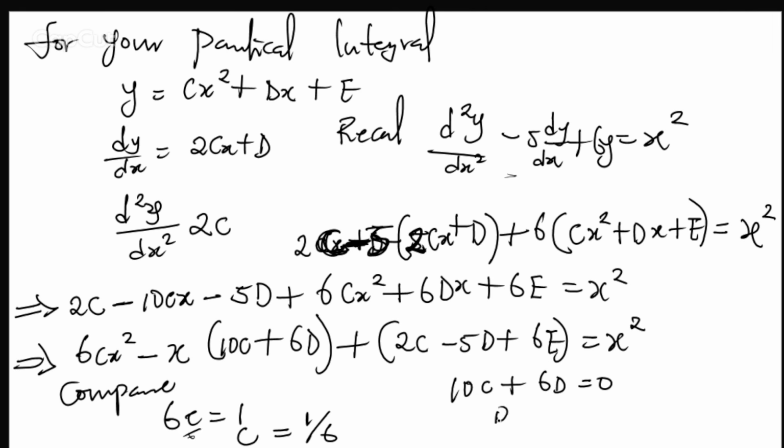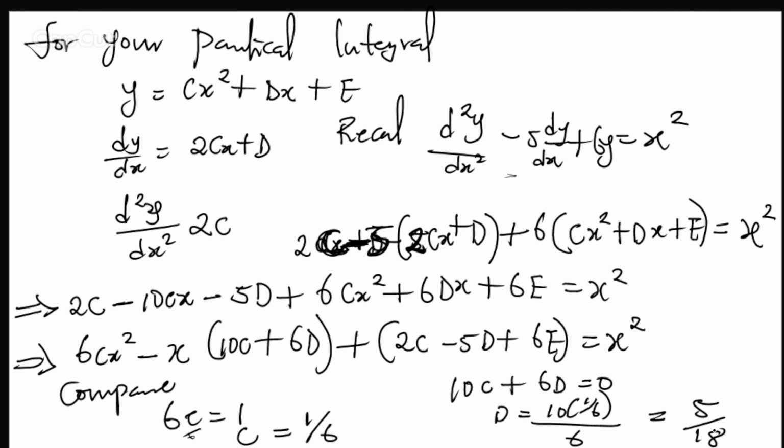So your d here will simply be, taking this to the other side of your equation, 10c, and c is 1 over 6, divided by 6, because you'll be dividing both sides by 6. If you punch your calculator, your d will be 5 divided by 18.